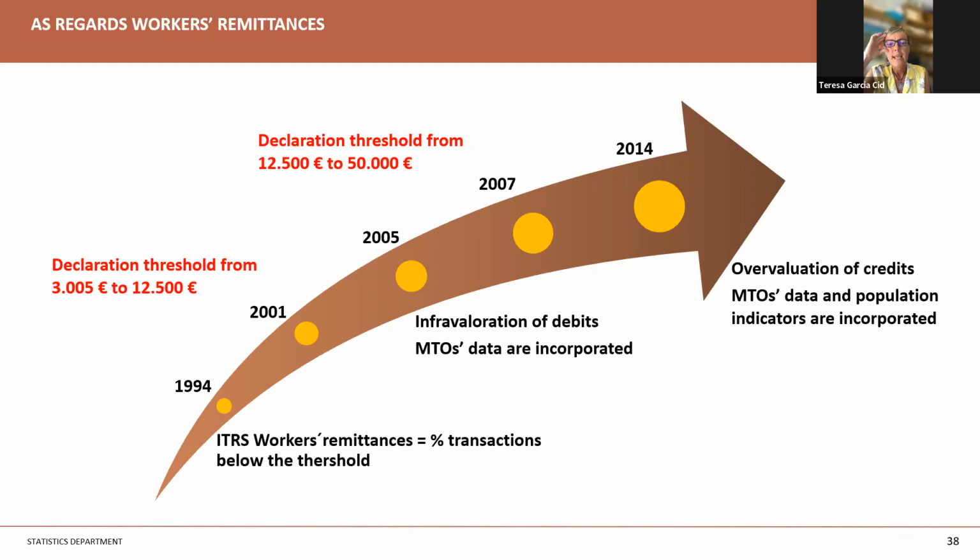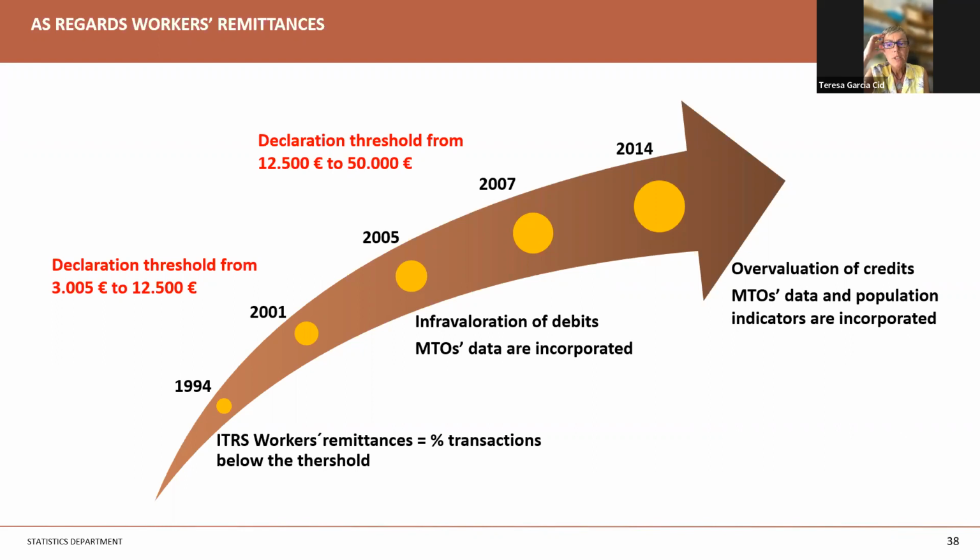This estimation method had to be reconsidered as the ITRS thresholds increased, and they increased because of the need for integrating payment markets. At that moment, the available evidence showed that, according to the population indicators, the balance of payments debits of workers' remittances were being underestimated, while credits, on the contrary, seemed to be overestimated.